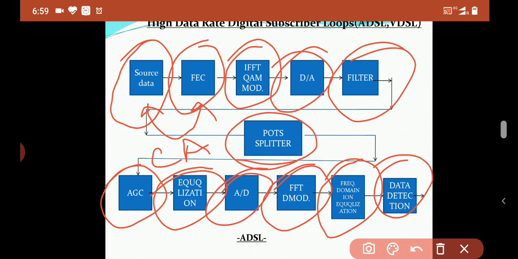Whereas if I'm talking about VDSL technology, that is very high bit rate DSL. VDSL is nothing but an expanded version of ADSL. It achieves higher bandwidth on short line terminals of fiber to curb systems. A primary motivation of VDSL is the potential distribution of SD TV signals.